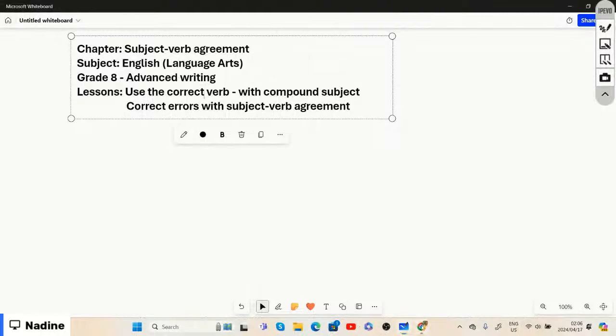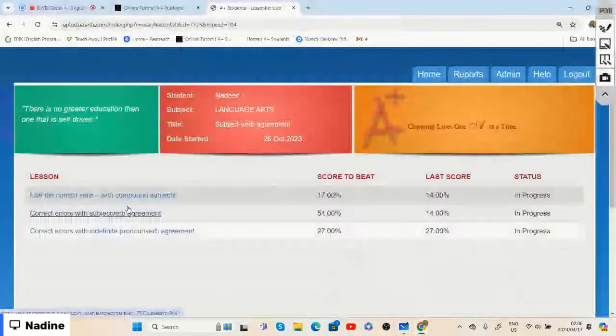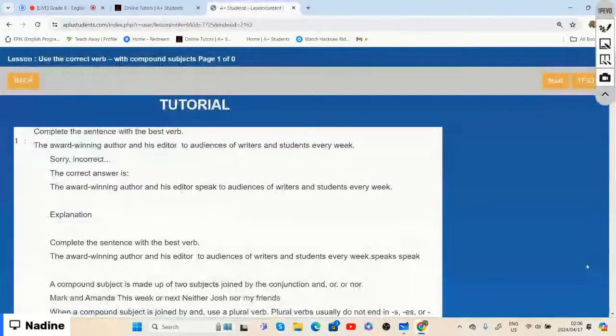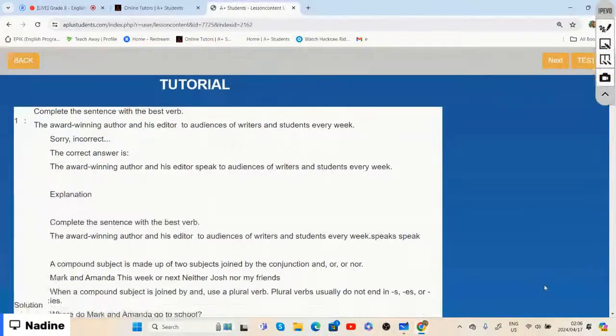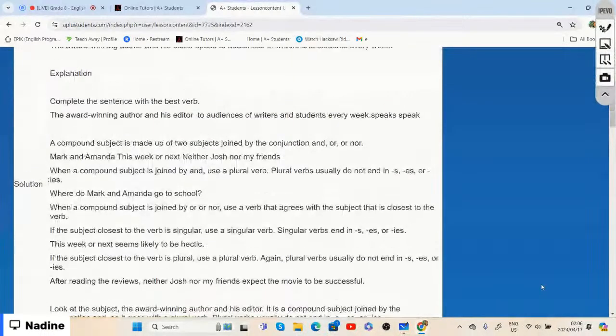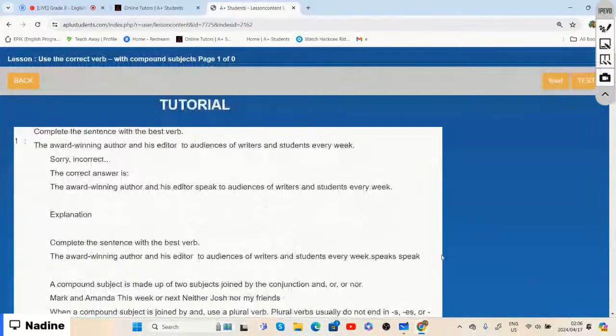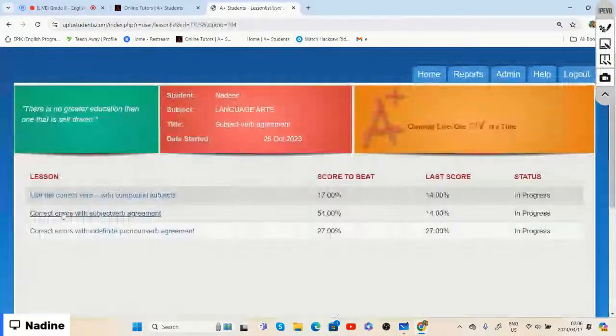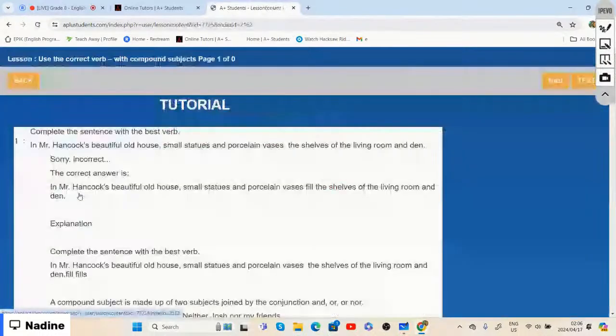All right. So we are doing subject verb agreement, right? And when it comes to subject verb agreement, we need to use the correct verb with a compound subject.